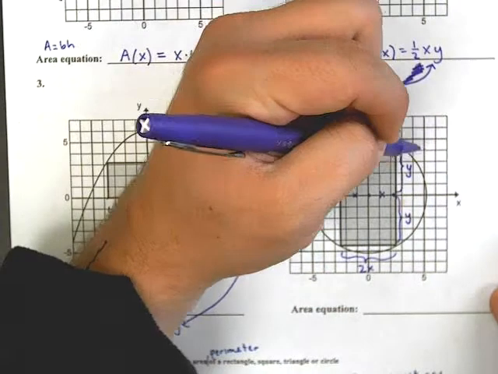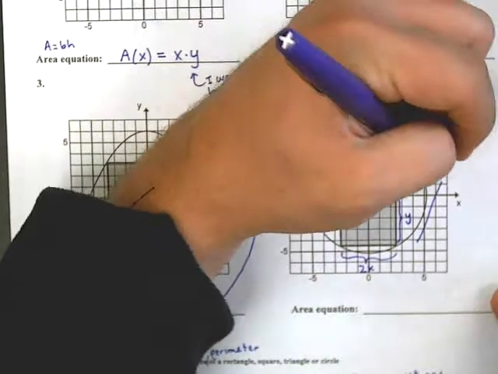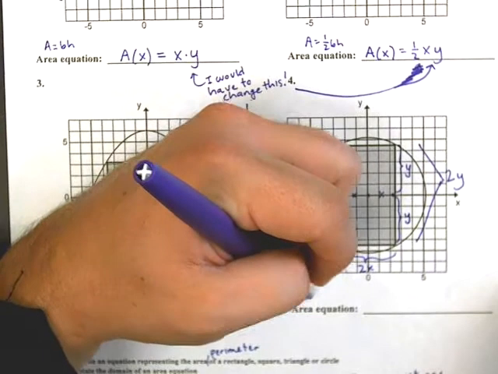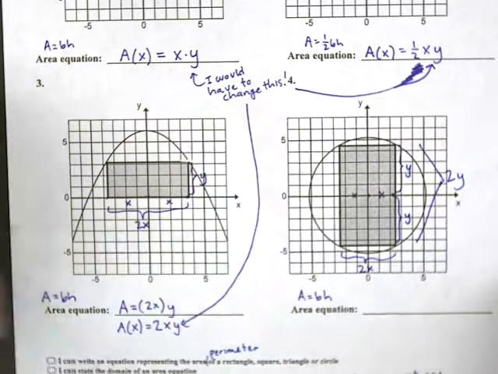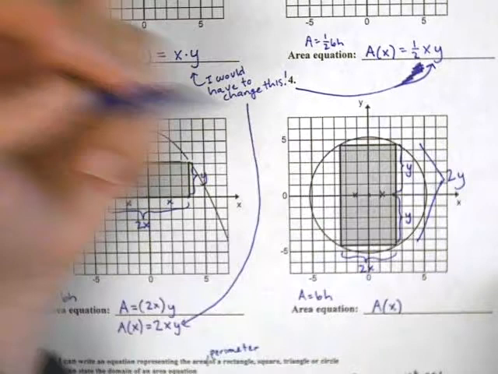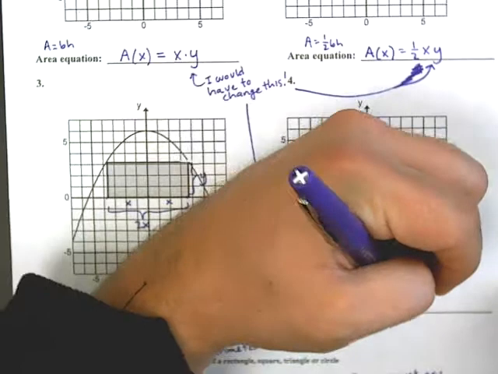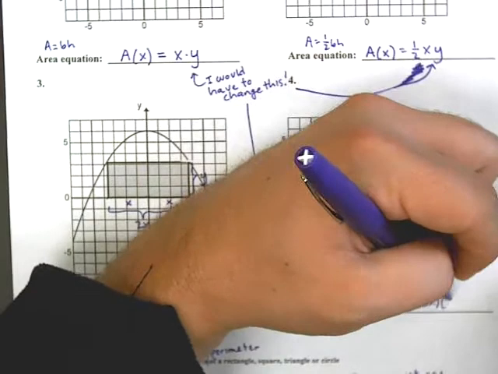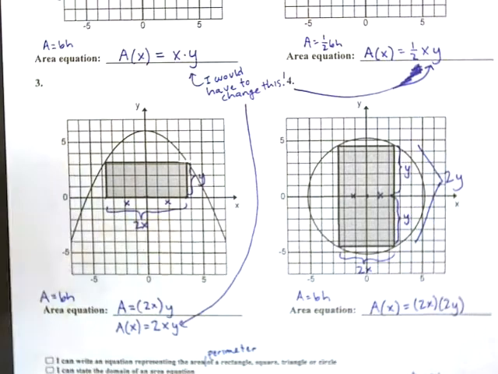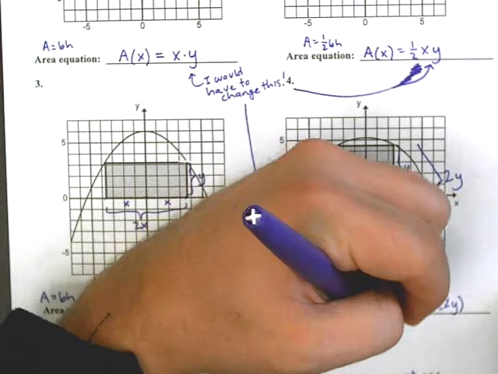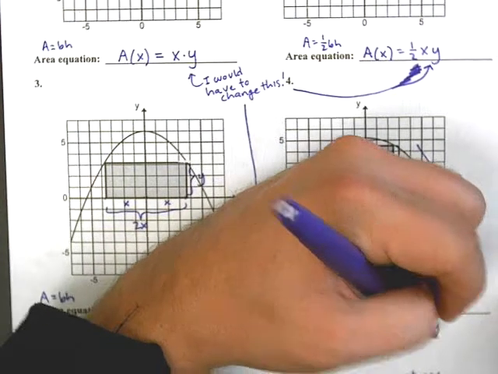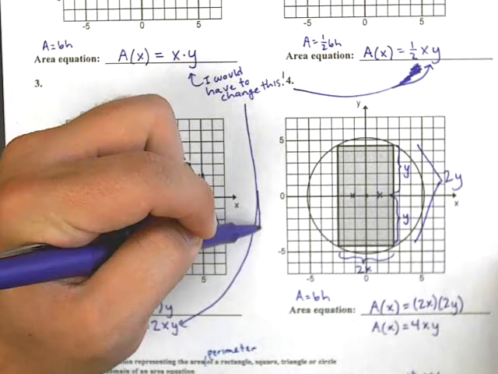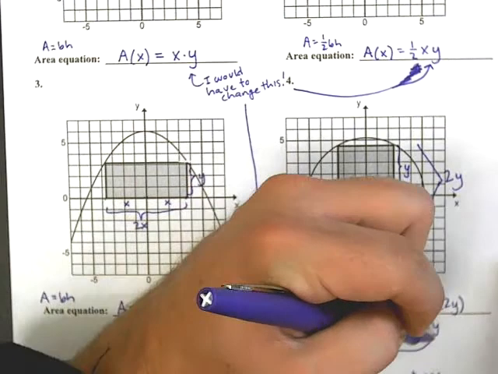If I combine them, I get a height of 2y. Again it's a rectangle, and its area is base times height, so base 2x times height 2y. Combining these, I get 4xy. And just to stay with the pattern, I bring my note along to that y value.